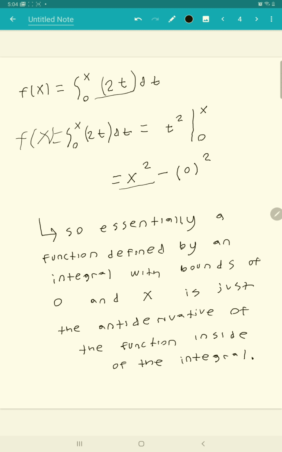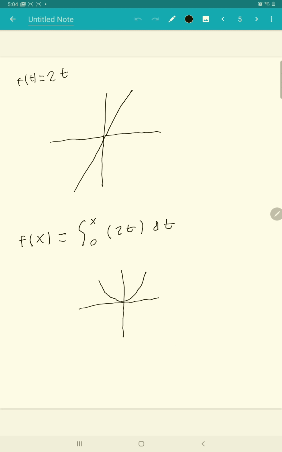So my comment here is essentially a function defined by an integral with bounds of 0 and x is just the antiderivative of the function inside of the integral. That is true. And we can see this here. If we graph 2t, it is this line with a slope of 2, intersecting the x-axis. And if we graph this integral of 2t from 0 to x, that is the antiderivative of this function, 2t.